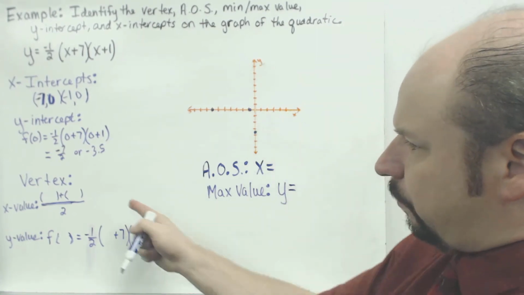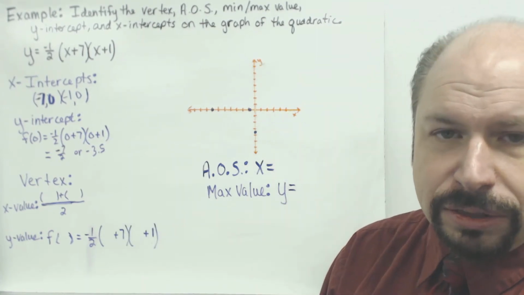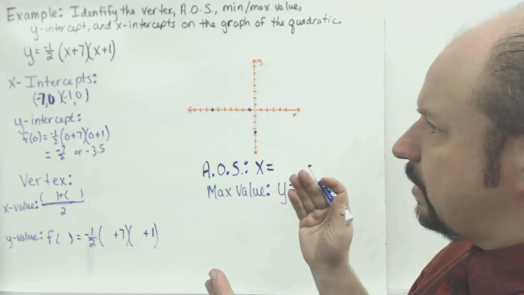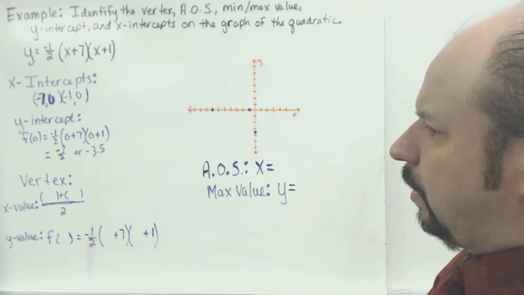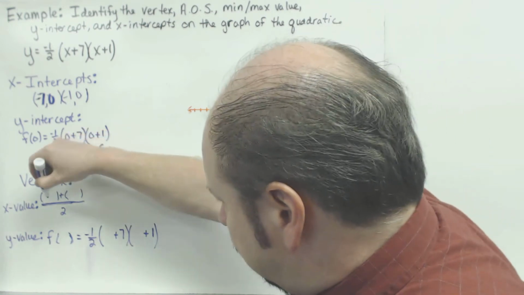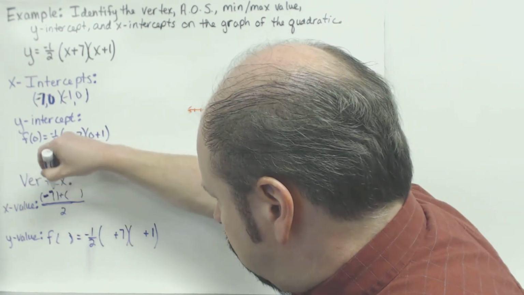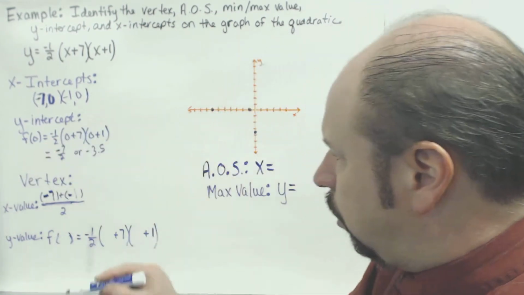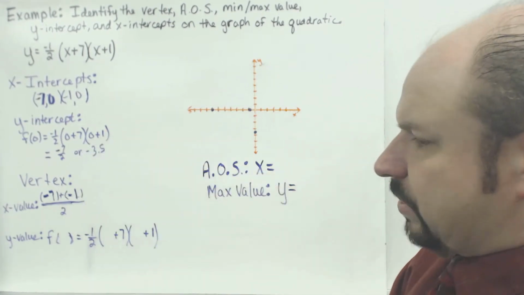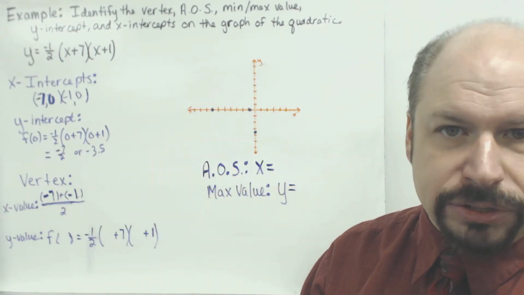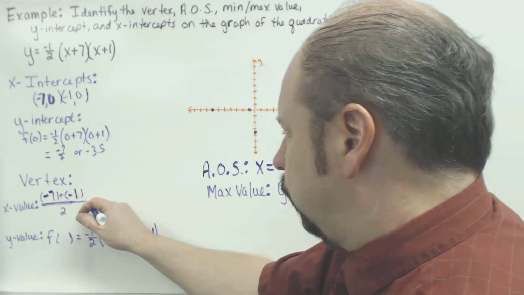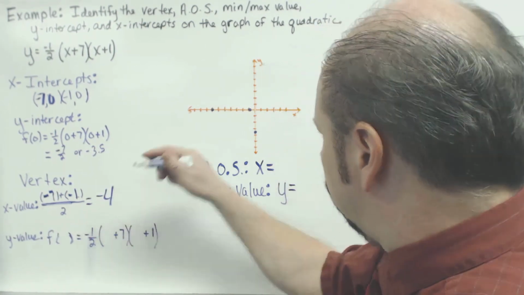Okay. Now we have our vertex. The x value of our vertex, remember, has to be halfway in between these two. So if we take -7 plus -1, remember that was our two intercepts, we add them together, divide by 2. So -8 divided by 2 is -4.